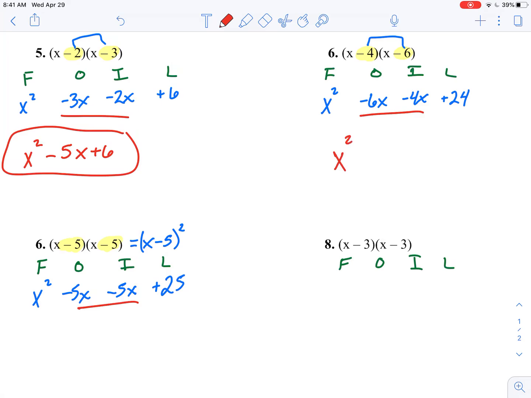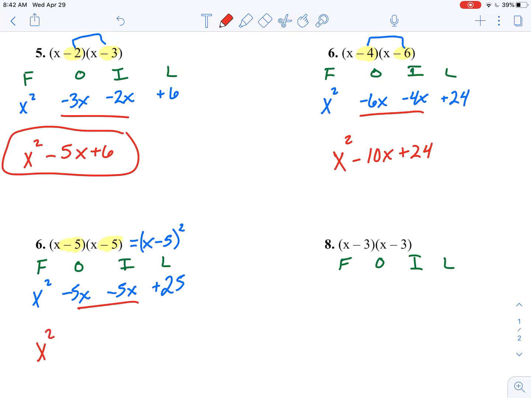And the last product, negative 5 times negative 5. Negative times negative is a positive, and 5 times 5 is 25.